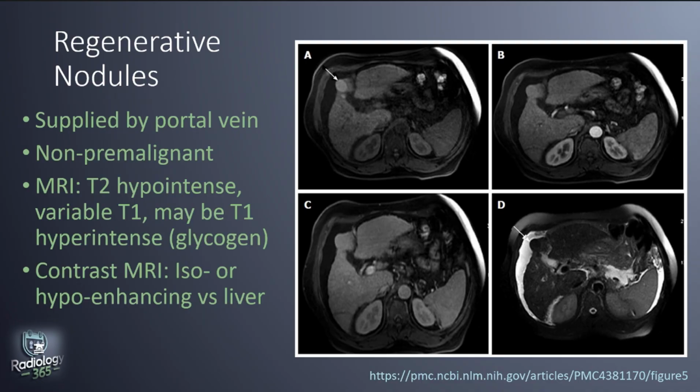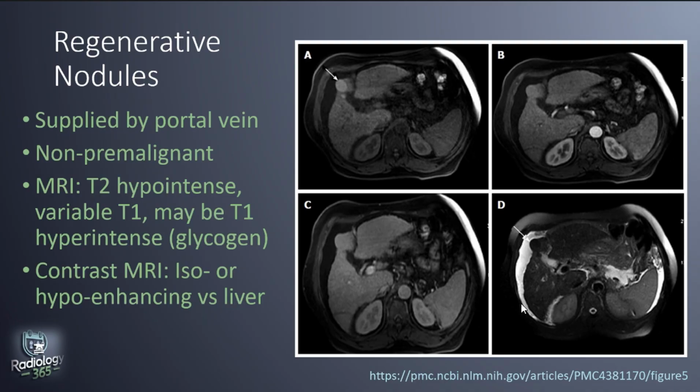So these images show a dominant regenerative hepatic nodule, and A is pre-contrast, B is late hepatic arterial phase, and C is a portal venous phase. D is a fat suppressed single shot fast spin echo T2 weighted image.